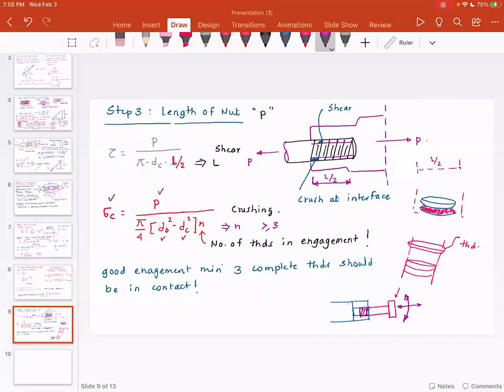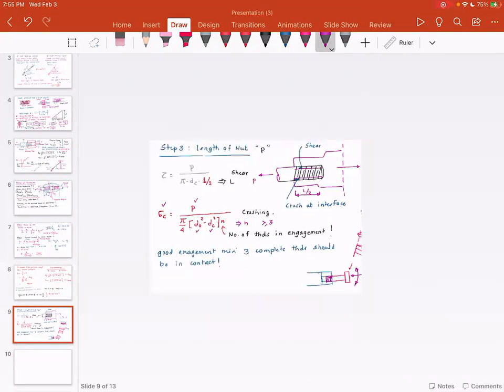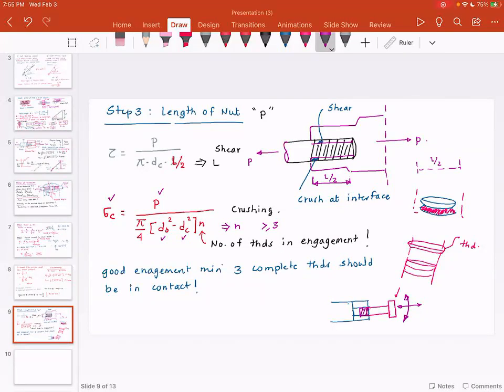If it is not greater than or equal to 3, then you have to make it equal to 3. Minimum it should be 3. So you found out the value of N. And let's say, for the sake of discussion, this value of N is equal to 5. Let's assume that you solve this equation and you have the value of N equal to 5.